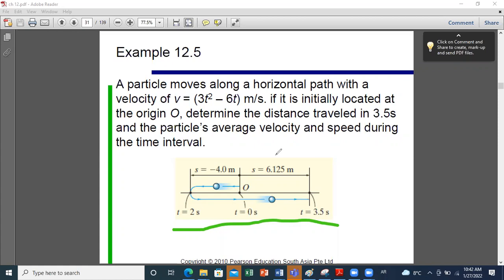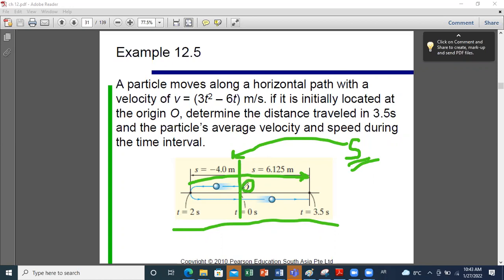We will get 6.125 because S is measured from O. So S is always measured from the origin of your frame. When you say S, this is a coordinate. It has a reference. What is the reference of S? It's point O. So when you plug in your relation, you will not get the distance traveled from 2 to 3.5. You will get the position relative to O.